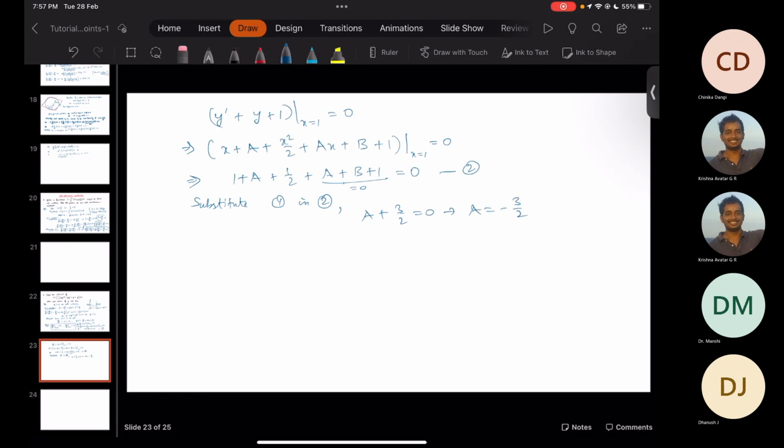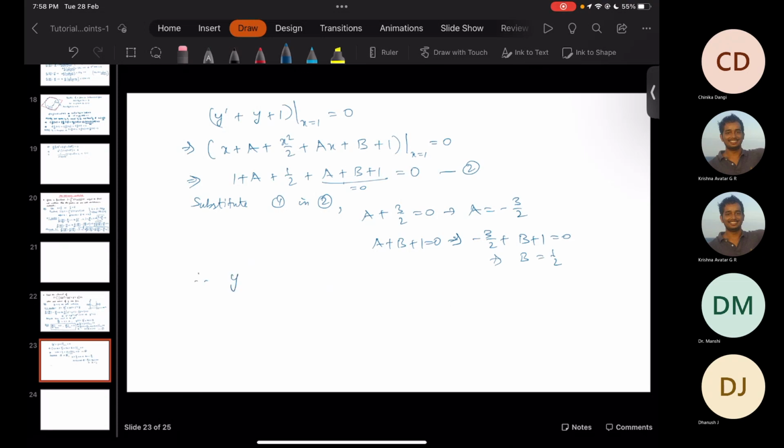And for the second constant of integration, all we need to do is use a plus b plus 1 is equal to 0. And since a is minus 3 by 2, minus 3 by 2 plus b plus 1 is equal to 0. Therefore b is equal to 1 by 2, right?